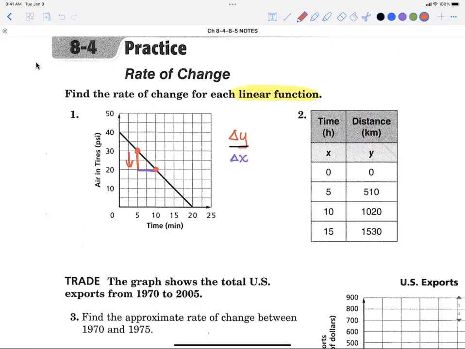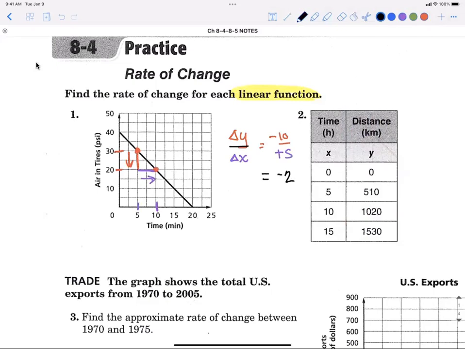So if we look at our change in Y, we go from 30 down to 20. And we went down, so it's -10 over. And then if we look at our movement this way, we went from 5 over to 10, which was a +5. And then I reduced that fraction, -10 over 5 is -2.